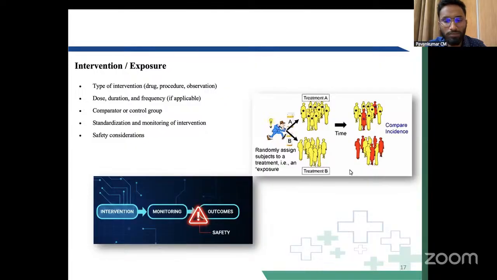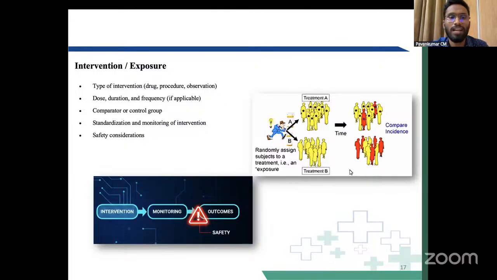And also the comparator or control group, as we just saw in the study design and in the picture we discussed in the previous slides. Also we are going to have two kinds of study samples, one is the control group and the other is the experimental group, who are going to take an API drug, a standard drug, or an investigational medicinal product.